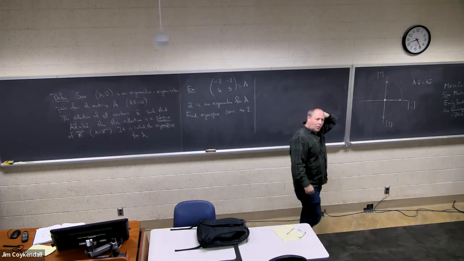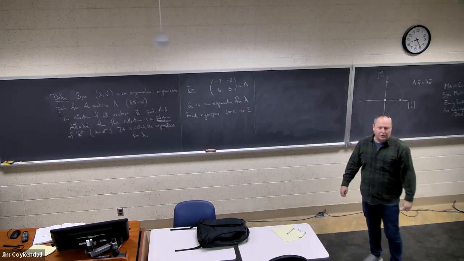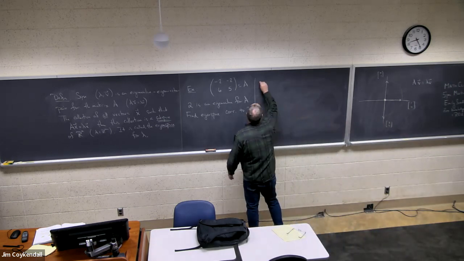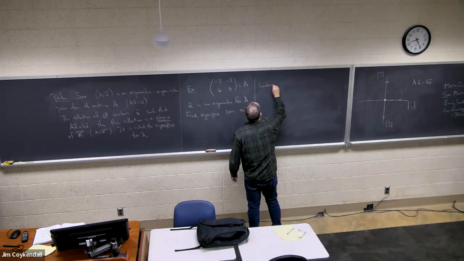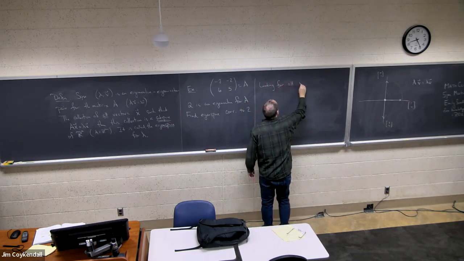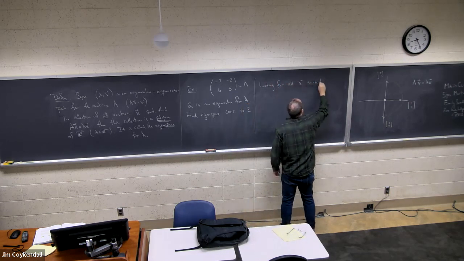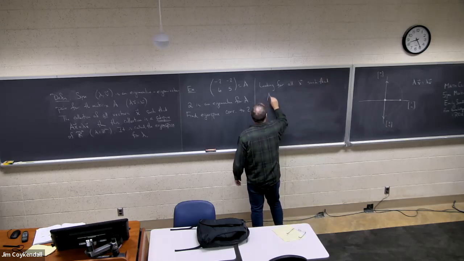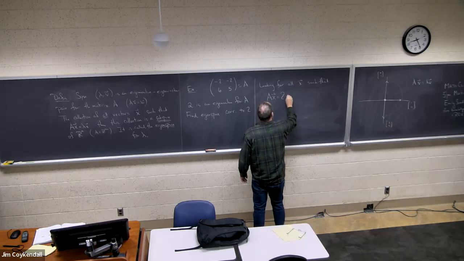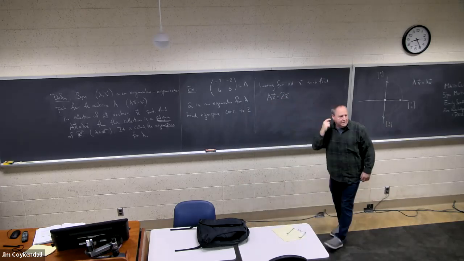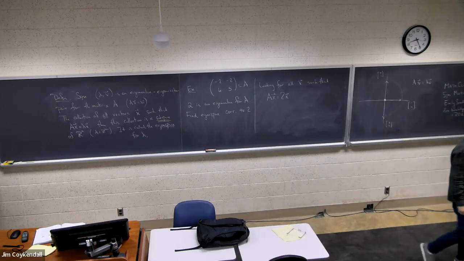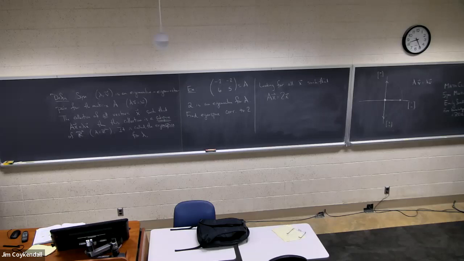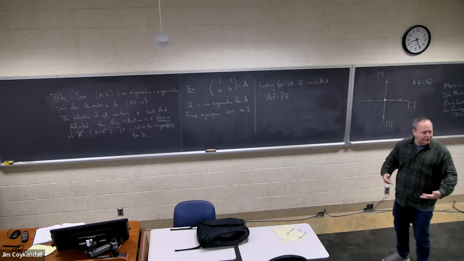Now, I'm going to show you a general approach. You're looking for all x such that, because here my eigenvalue is 2, I'm looking for every vector such that Ax equals 2x, right? This is not convenient, so I'm going to recast it into something more familiar.